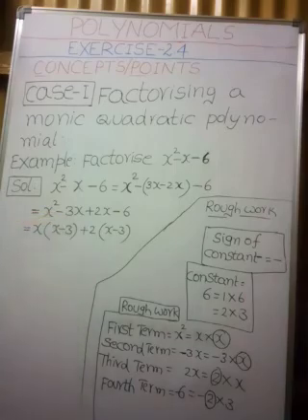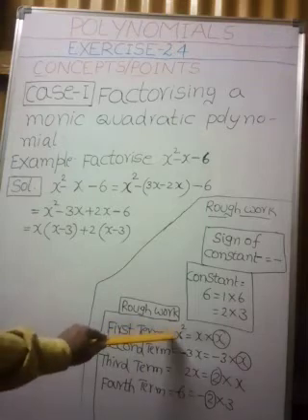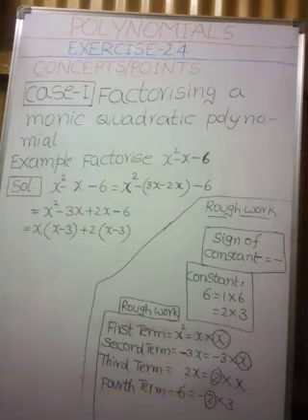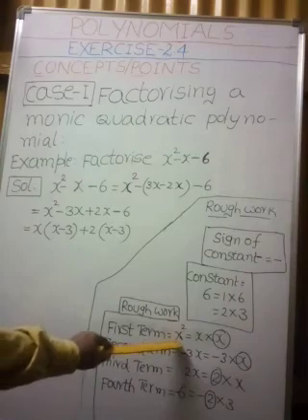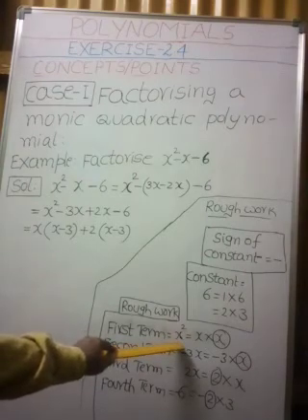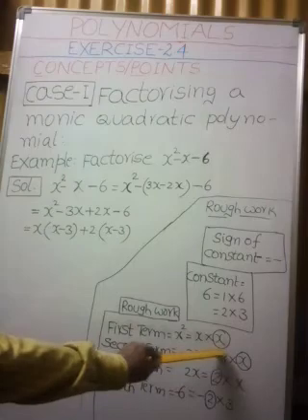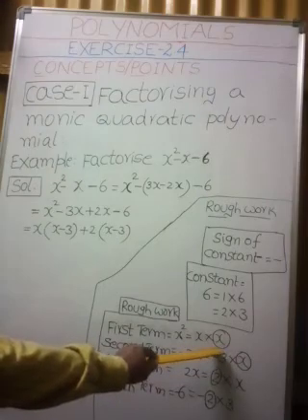After getting the terms in this step, go to the rough work. First term, second term, third term, and the fourth term. I wrote the 4 terms here in the rough work. Now we write the factors of the first term. How can you write x square? x into x. Understood this step, my dear children?